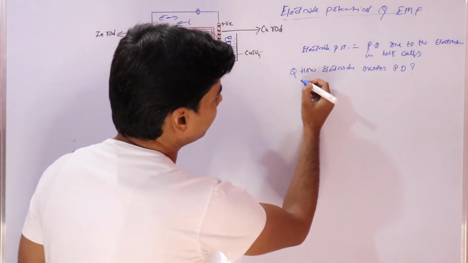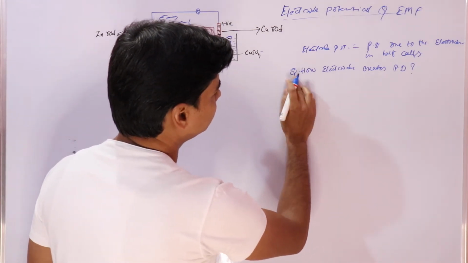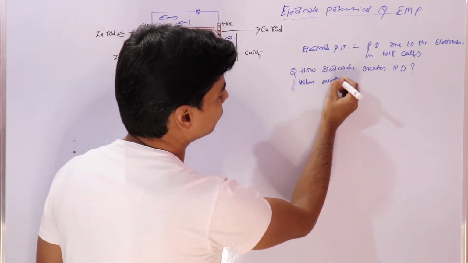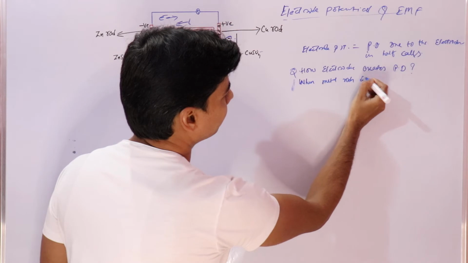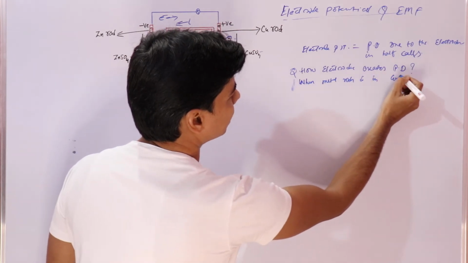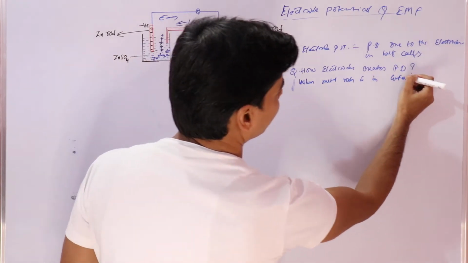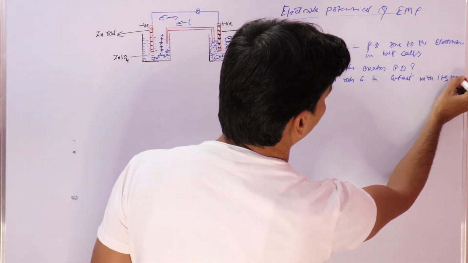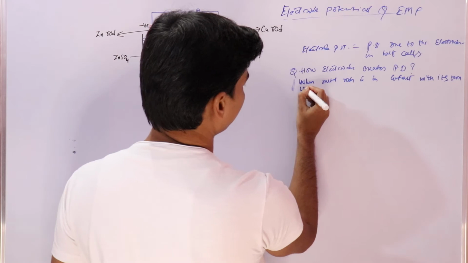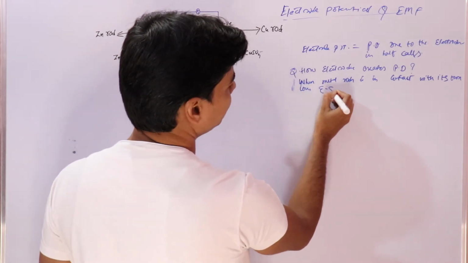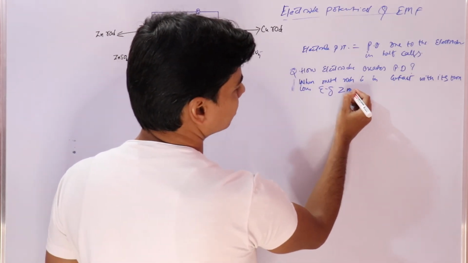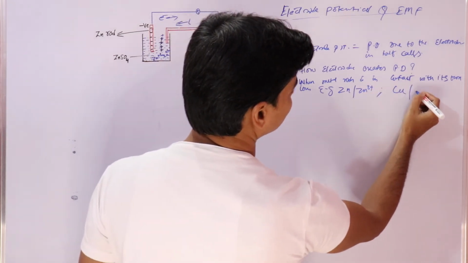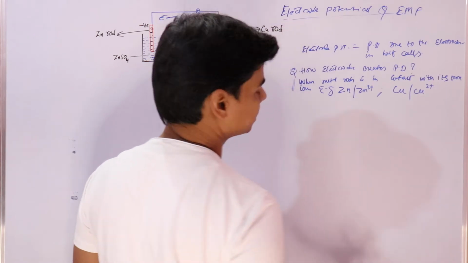So when a metal rod is in contact with its own ions, for example zinc in contact with zinc ions and copper in contact with copper 2+ ions, right?